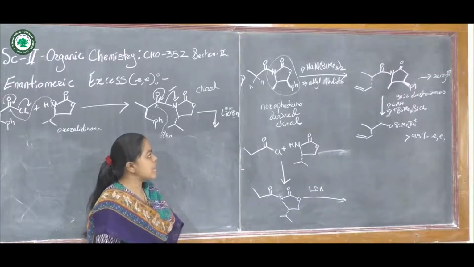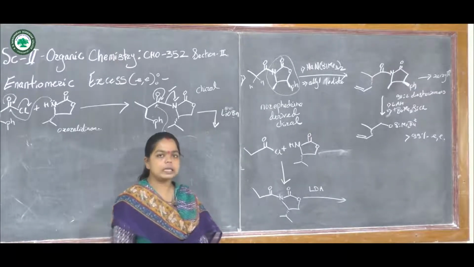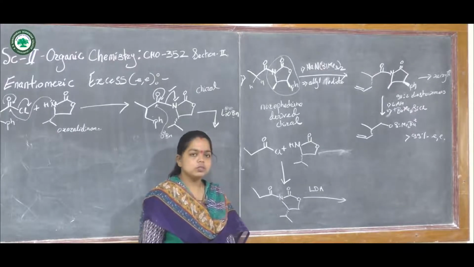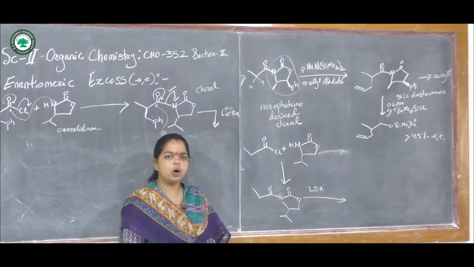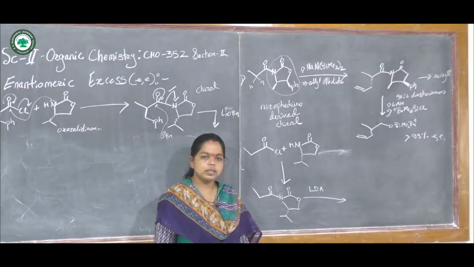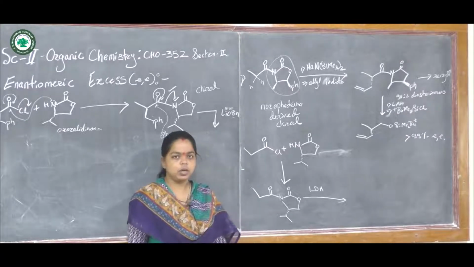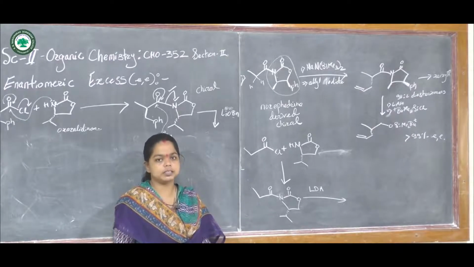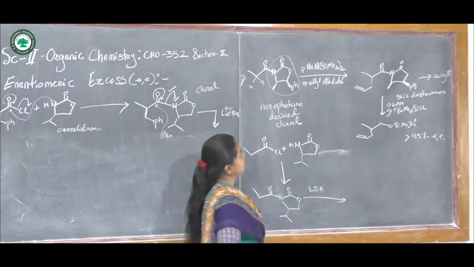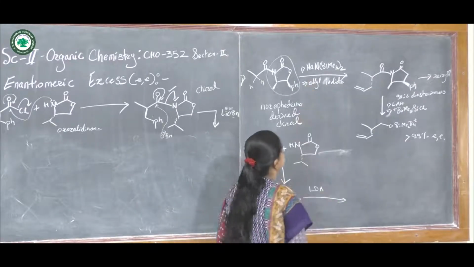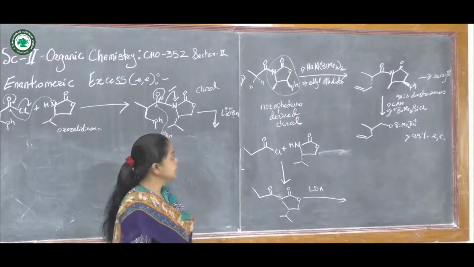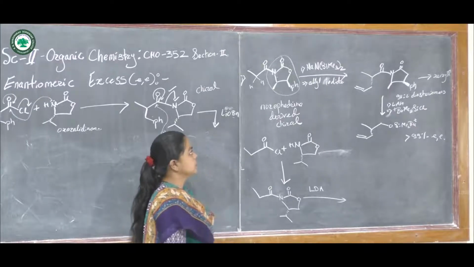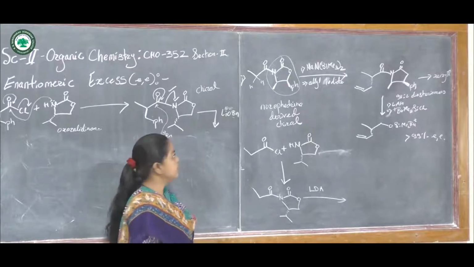So if we remove this acidic proton, we can carry out the alkylation type of reaction. If we use a bulky strong base, we can form the enolate, and this enolate on alkylation gives the corresponding product in a highly asymmetric way. Now we can use here the bis(trimethylsilyl)amide compound.